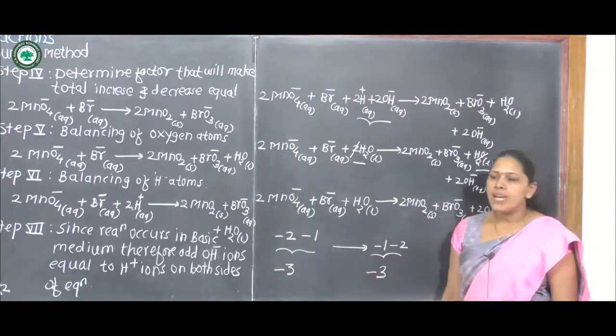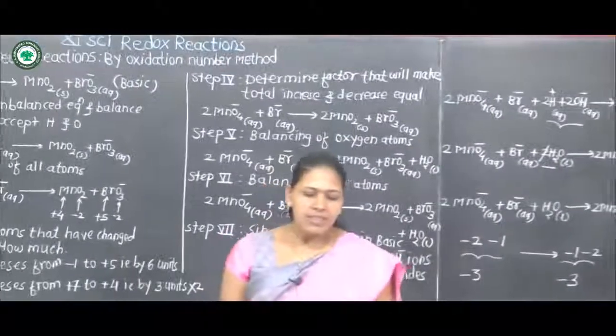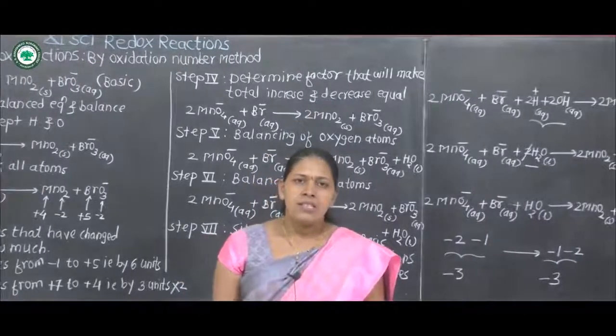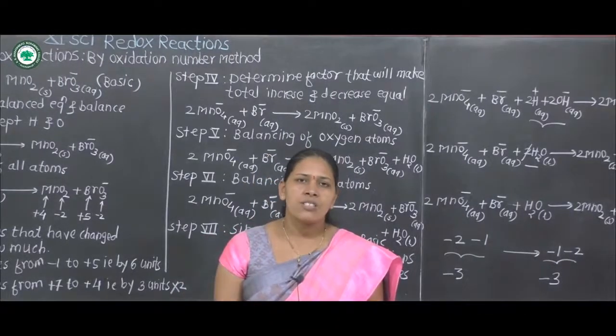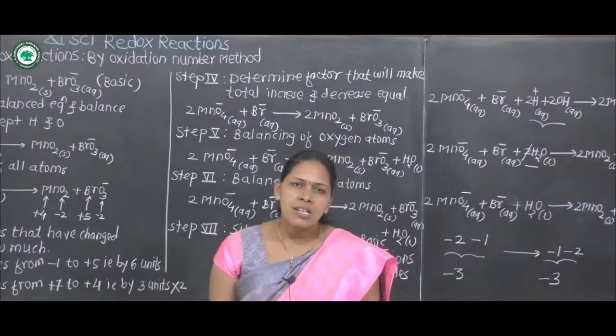Charge is also balanced. In this way, this reaction is balanced. This is all about redox reactions. The next point is the application of redox reactions, which we will discuss in the next lecture.